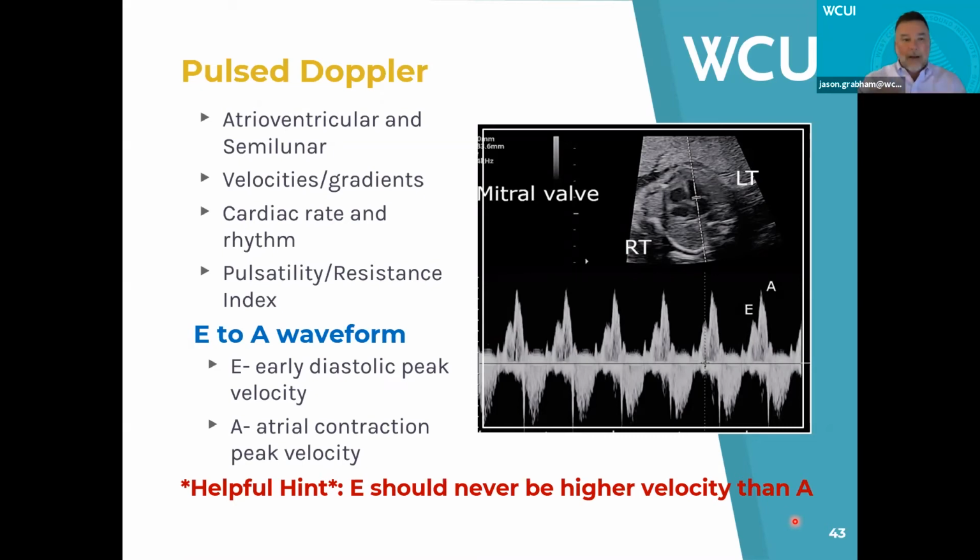Pulse Doppler allows us to really quantitatively assess things. We can look at specific flow velocities. We can look at gradients. We can, like you said, assess cardiac rate and rhythm, PR intervals. I mean, we can really dive in a little deeper with the pulse wave.